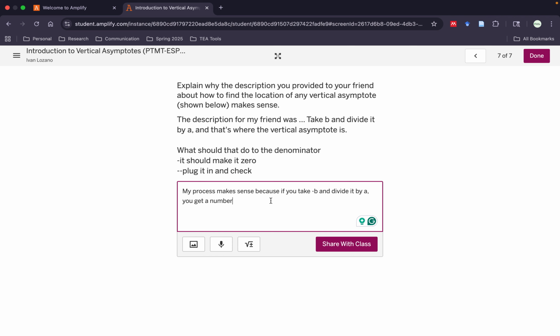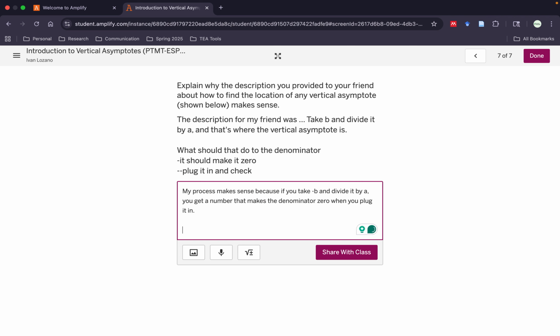You get a number that makes the denominator 0 when you plug it in. I mean, that's a goal. It makes sense because some students are going to say it always works no matter what A and B are.